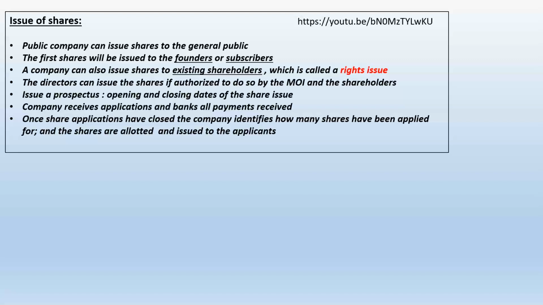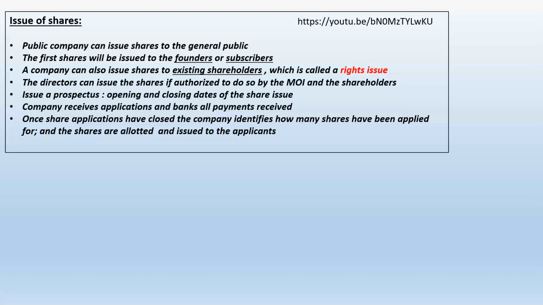An underwriter says, if you want to issue, let's say, 100,000 shares at 50 Rand each, and you only receive 75,000 applications, for that shortfall of 25,000, those applications that you didn't receive but actually wanted to receive, they say, as the underwriter of this transaction, I will take up the shortfall of 25,000 shares at 50 Rand each.